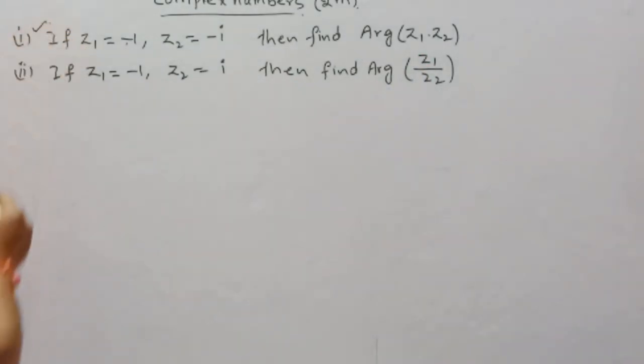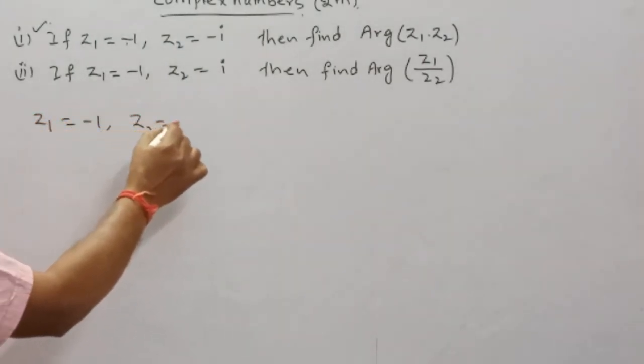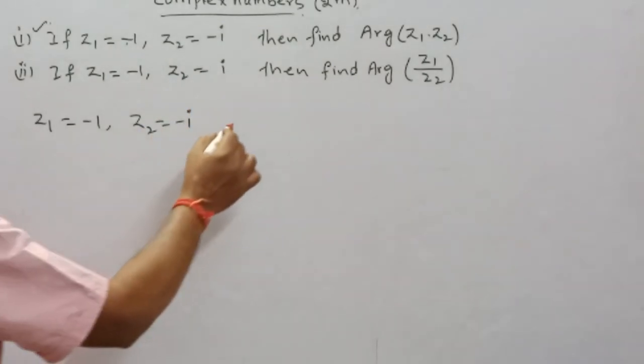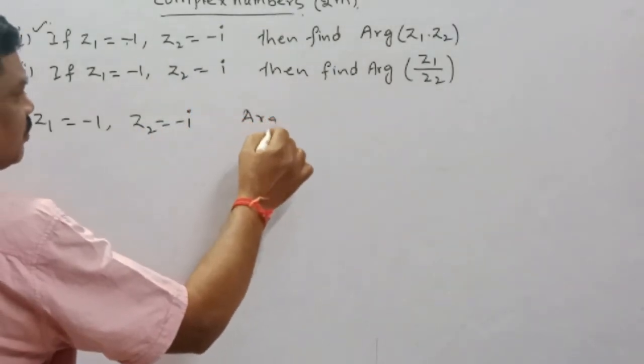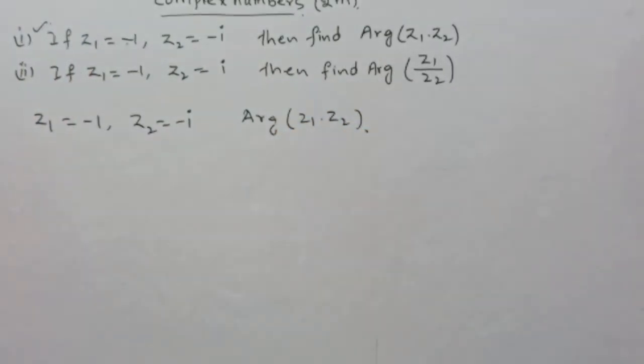So the first one. Okay, here what is given? Z1 is equal to minus 1, Z2 is equal to minus i. We have to find the argument of Z1 Z2. Okay, all of you.